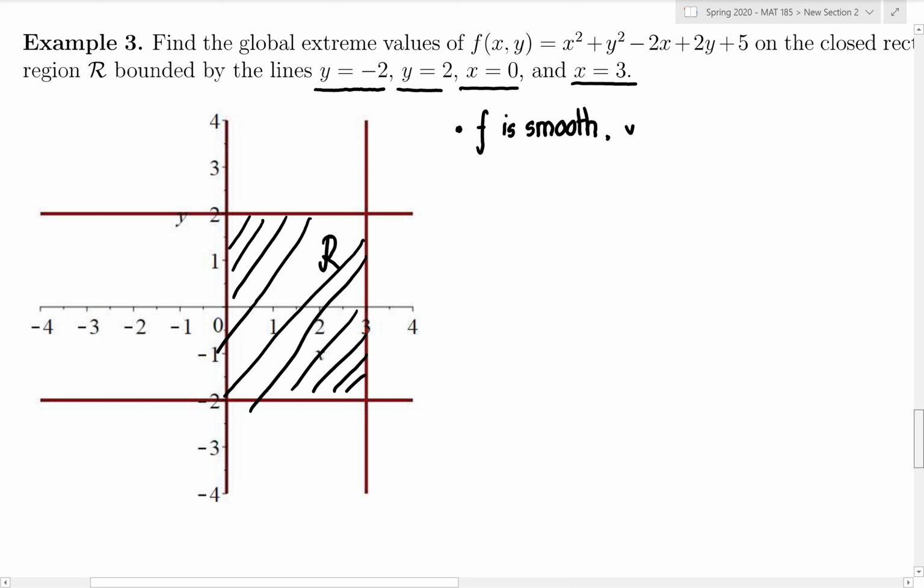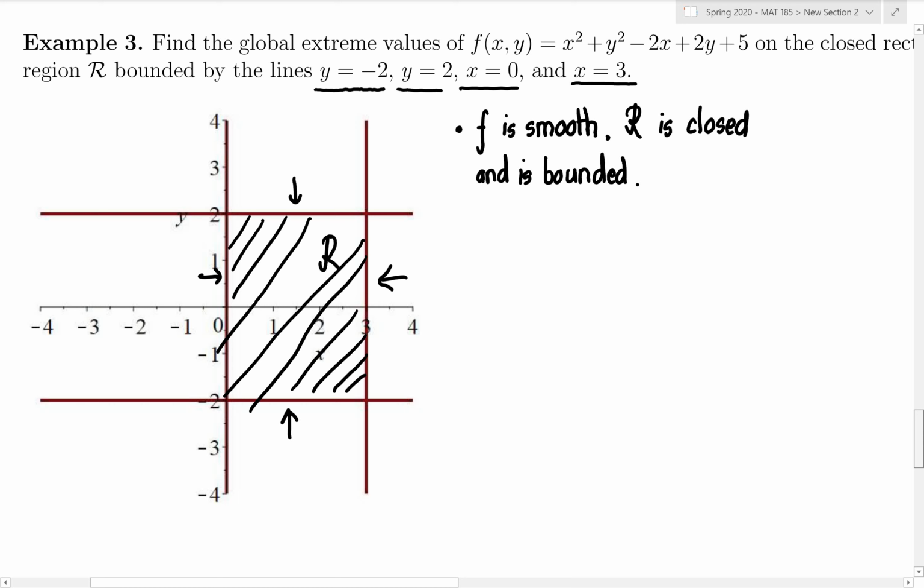And our region R is closed because all the boundaries are included in our region, since we have a solid line, not a dotted line. And it's bounded, because I can find a disk big enough to include all of this. So if we have a smooth function and our region is closed and bounded, we are guaranteed to have a global max and a global min.